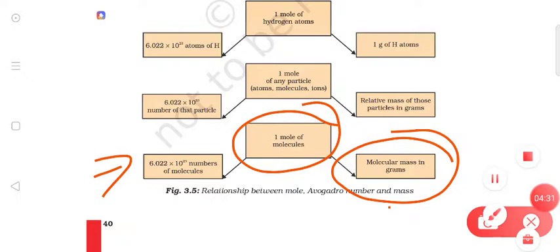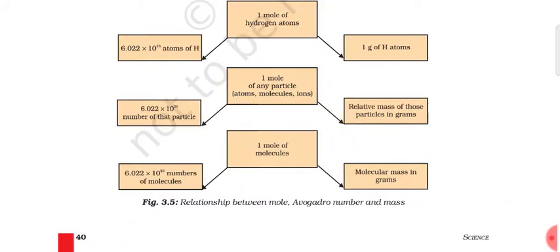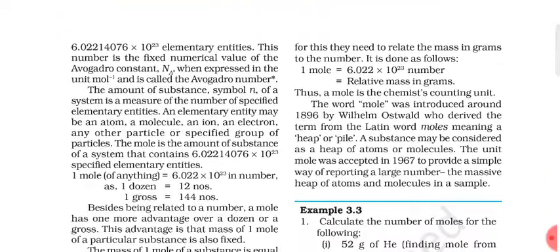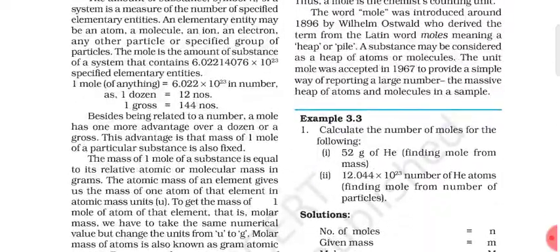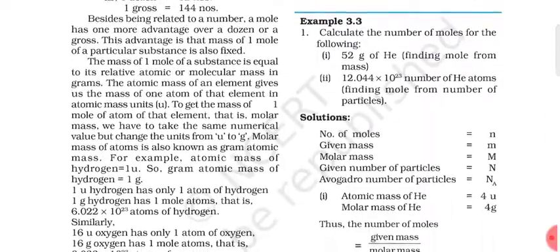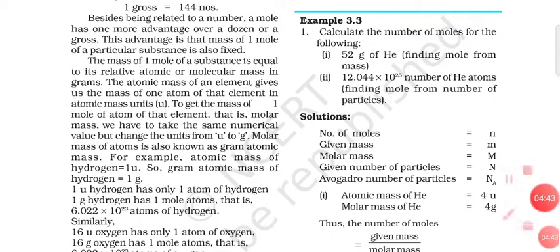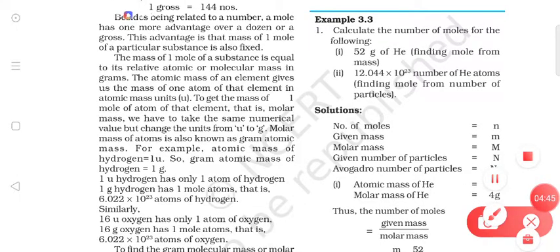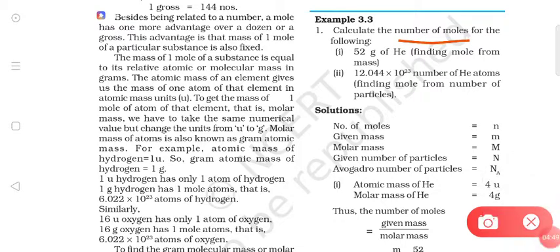So once we have clarified each and every concept regarding the mole concept, let's reach certain calculations. We will do certain calculations here. For example, calculate the number of moles for the following. So we have been given certain data here, and we have to calculate the number of moles.